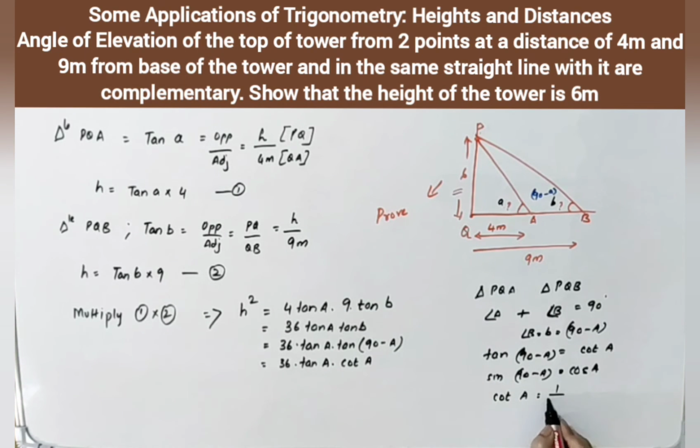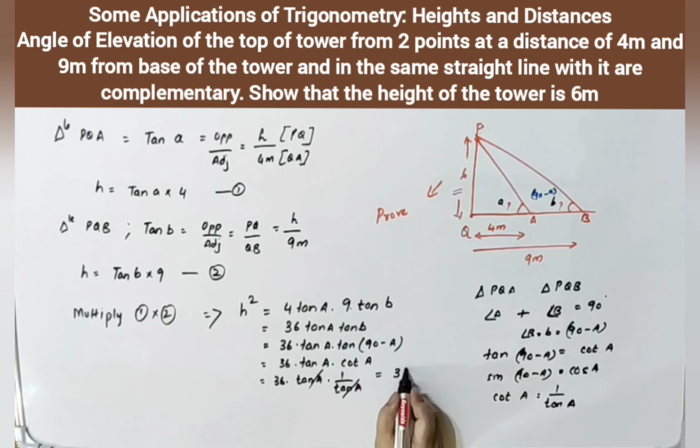Cot A is 1 by tan A. So this is equal to 36 into tan A into 1 by tan A. This is going to get cancelled and we are left with 36. So h square is 36, which means h is the square root of 36, which means h is 6. So we proved that h is 6 meters. Hence proved.